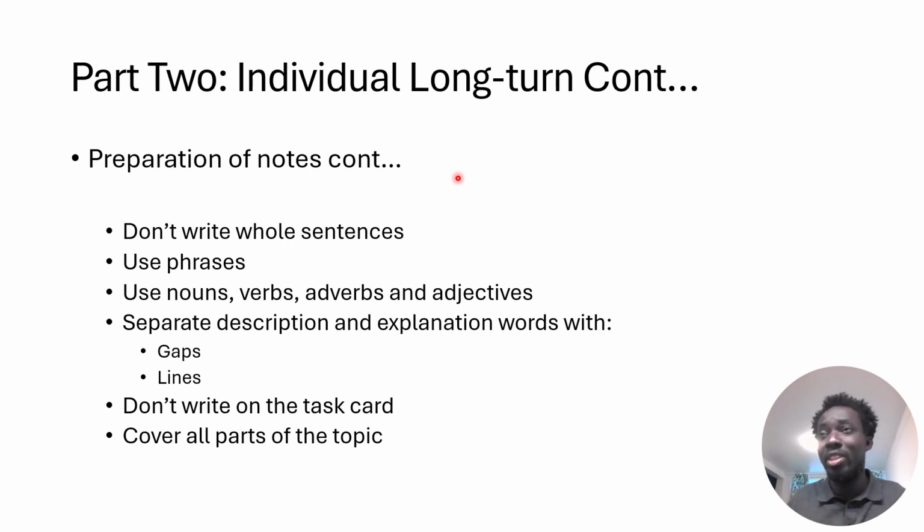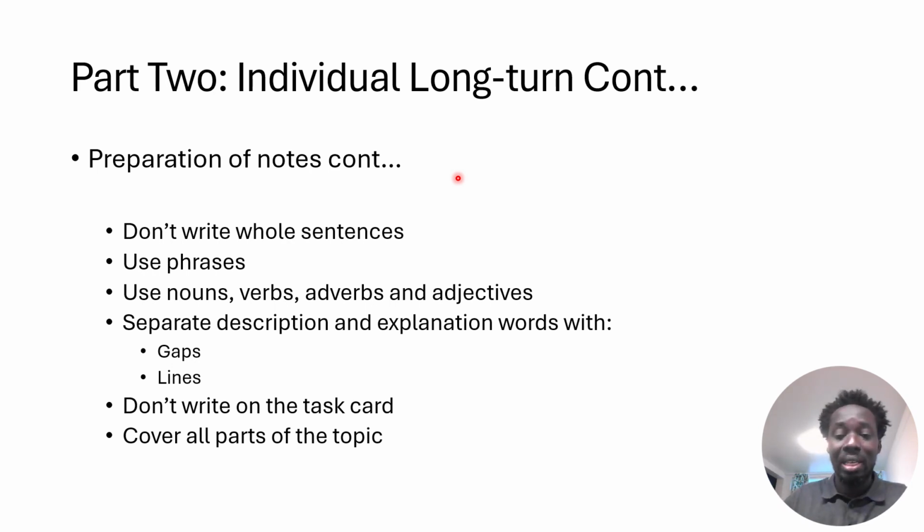So, for example, if they ask you, what are some of the things you experience at the hotel? You write maybe there's a restaurant, then you leave a gap, then you write maybe a pool, so that you know that they are separated and that you must talk about them differently, so that things don't jumble up together and confuse you.